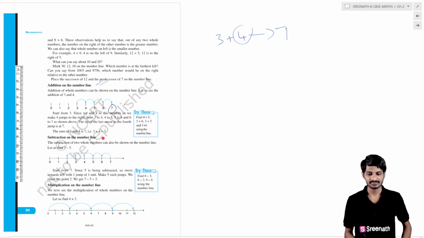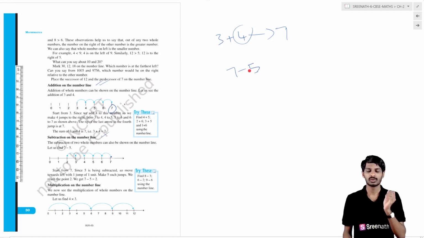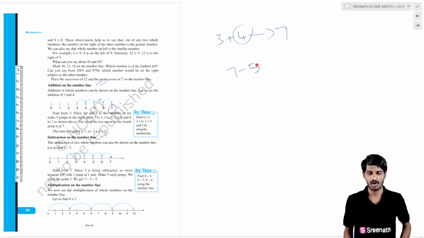Okay, students. Then how is subtraction done on the number line? Suppose you subtract 7 minus 5. You have to locate the position of 7, and you have to move left. To subtract 5, you have to move left and make 5 jumps or 5 steps.